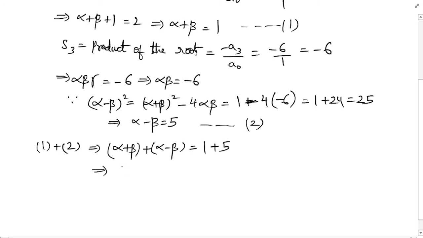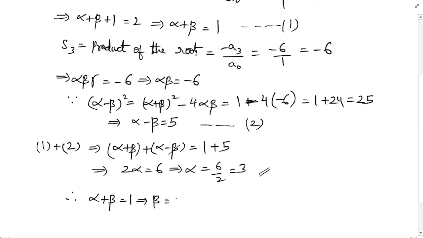That means 2 alpha, and beta will get cancelled here. So 2 alpha is equal to 6. That means alpha is equal to 6 by 2, that is 3. So the value of alpha is 3, and so therefore we can find the value of beta now. We know that alpha plus beta is equal to 1. That means beta is equal to 1 minus alpha, that is 3.